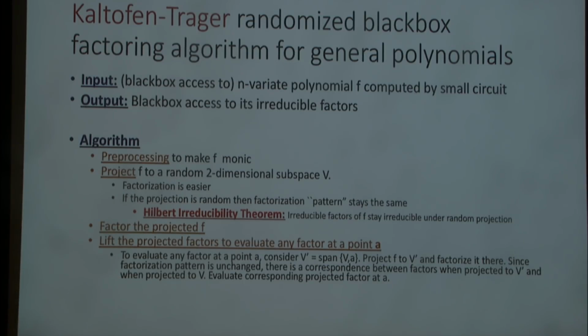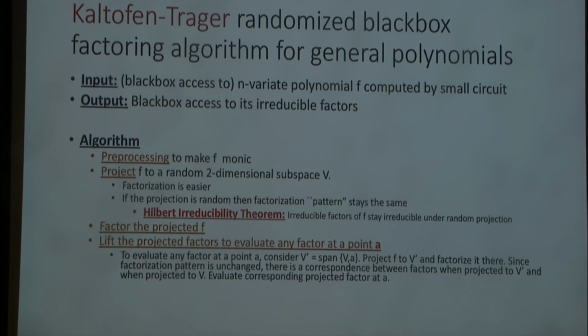And so the correspondence is easy, and now you just evaluate these lifted factors at the chosen point. For every new point, you get another three-dimensional space. So for each point you want to evaluate at, you'll get a new three-dimensional space, but all these spaces will contain V, and so that ground factorization pattern is fixed.